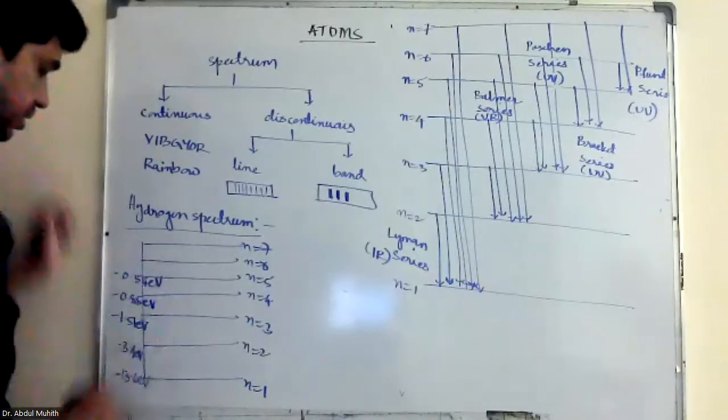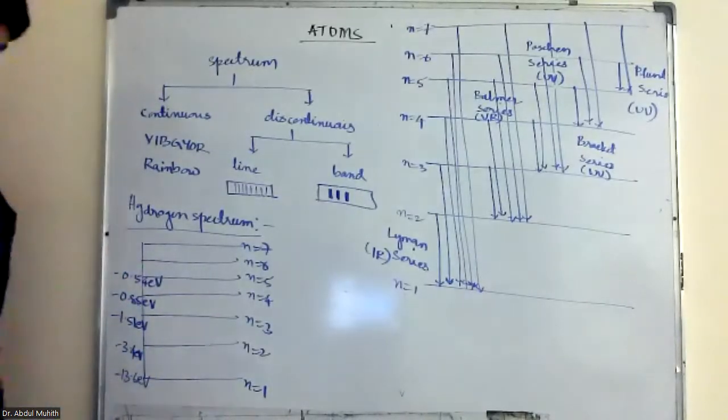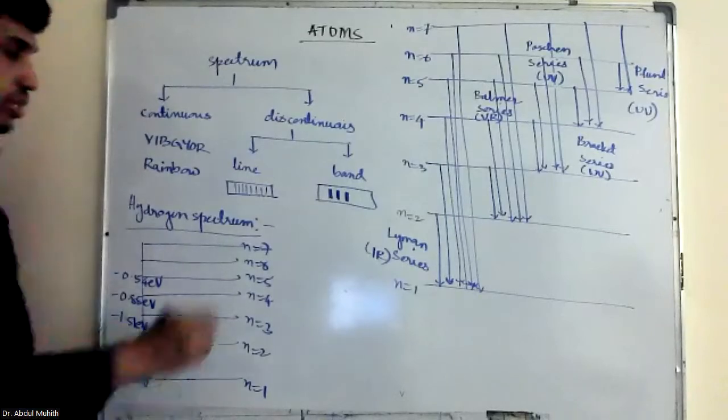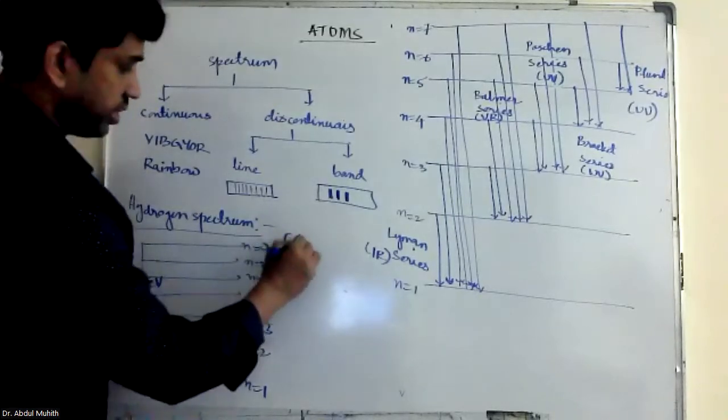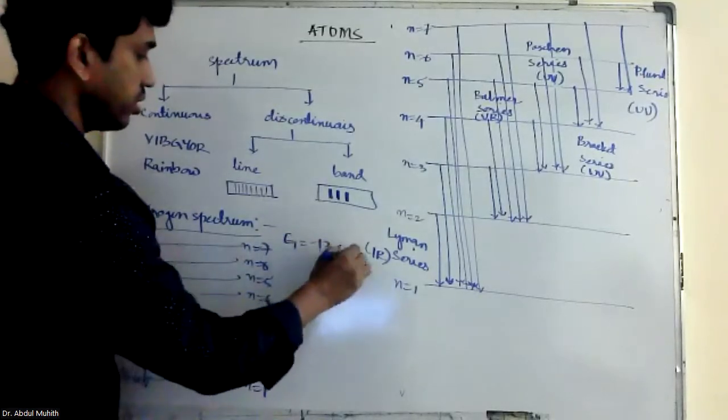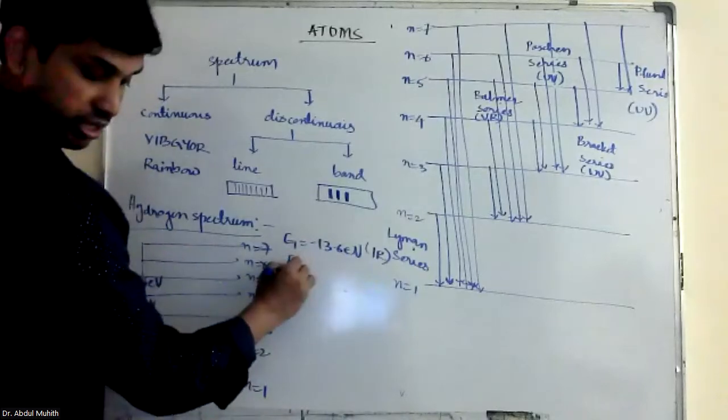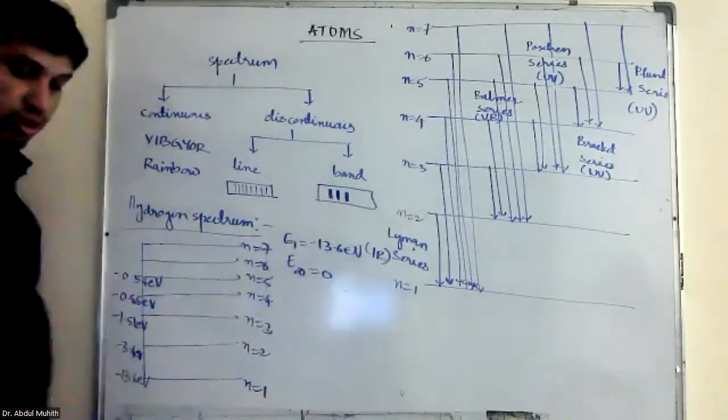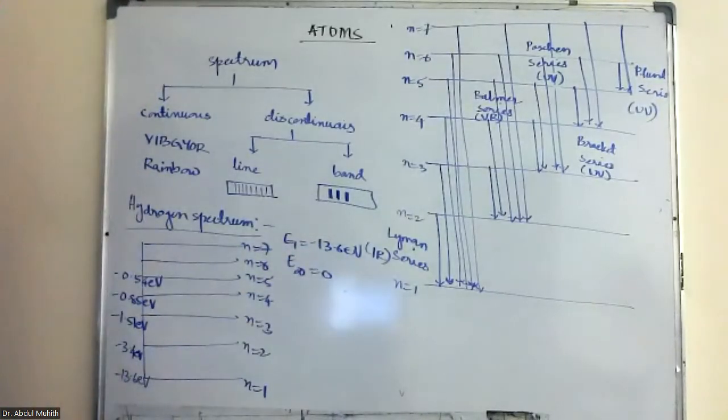Why minus? Minus because of the attractive force. All the electrons are attracted to the nucleus. So the energy of the first orbit is minus 13.6 electron volt, and the energy of the outermost orbit, at infinity, will be 0.